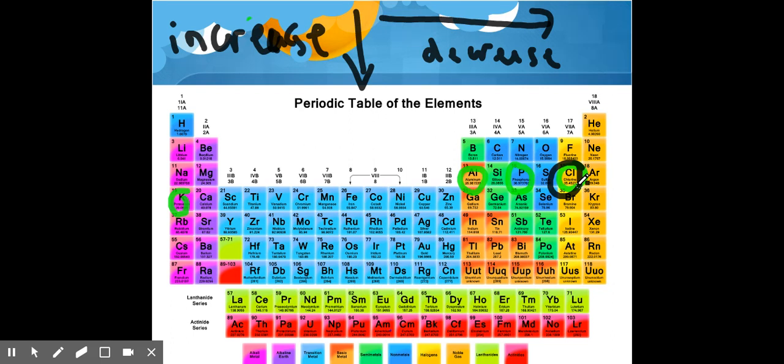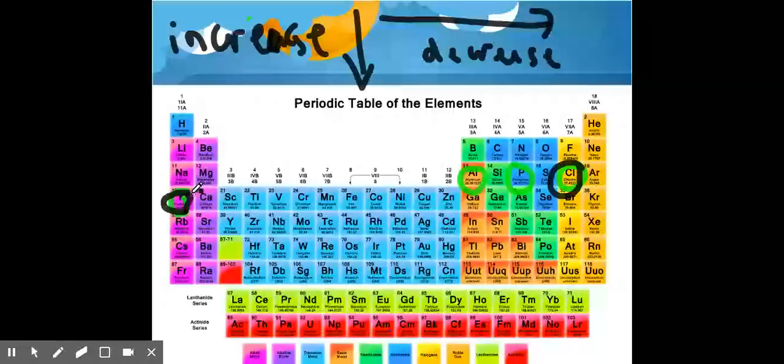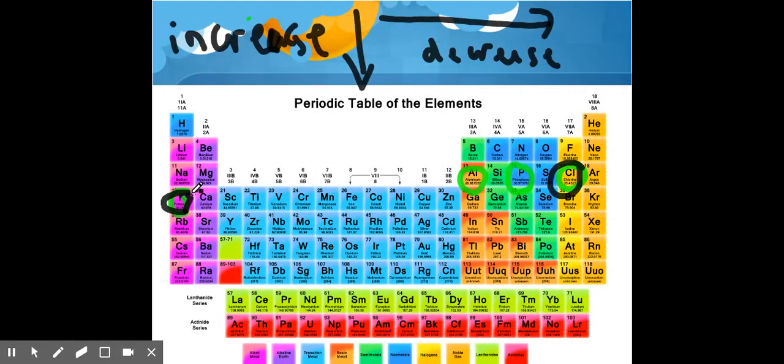Okay, so they were all being added to the 3rd energy level, which is approximately the same distance from the nucleus, allowing that electron shell to get pulled in tighter. Potassium would be the largest, and that's because it has the most energy levels, or the highest number of electron shells.